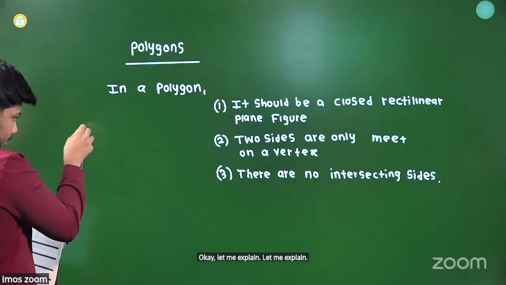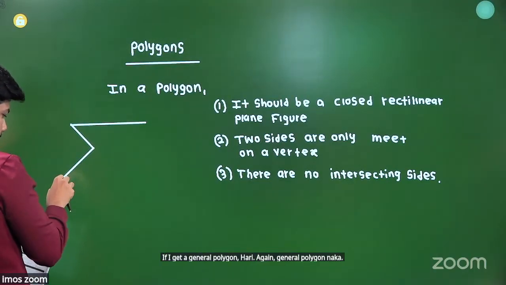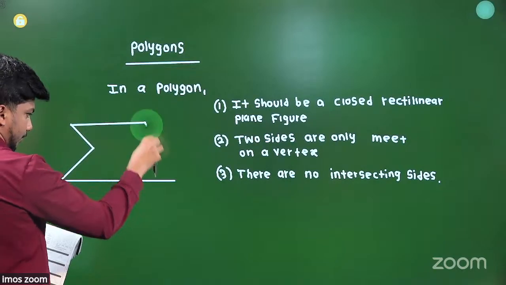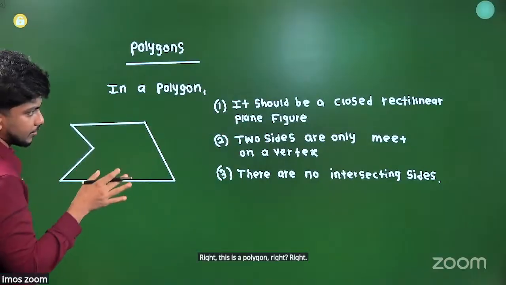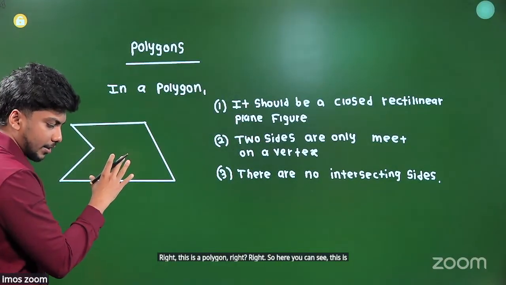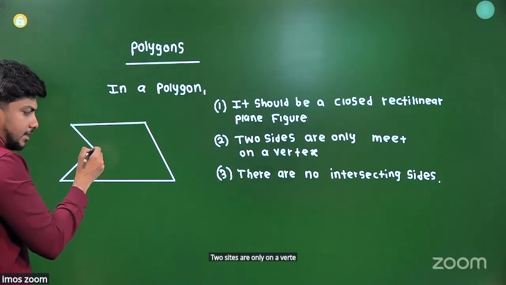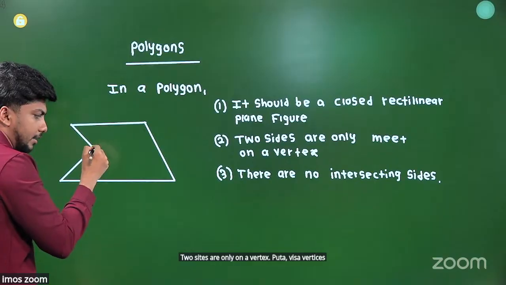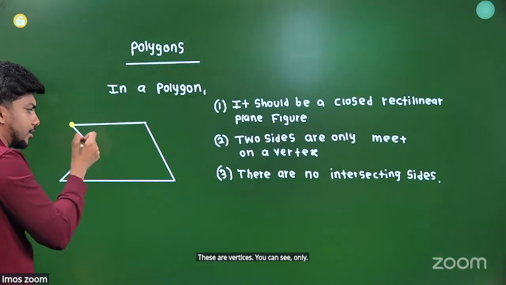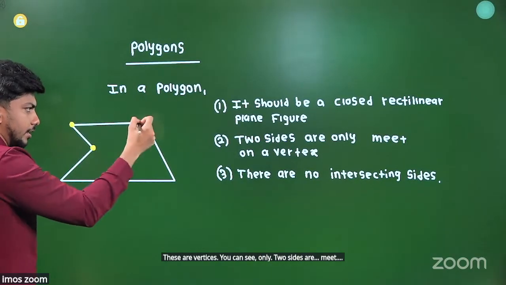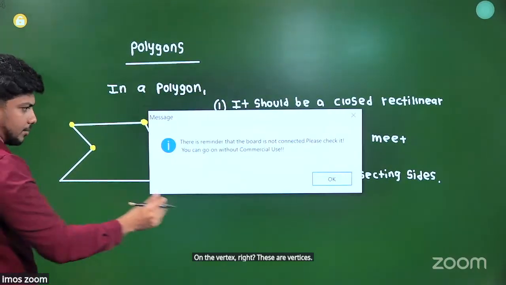If I take a general polygon, right, this is a polygon. Here you can see this is a closed rectilinear plane figure. Two sides only meet on a vertex. These are vertices. You can see only two sides meet on the vertex, right?